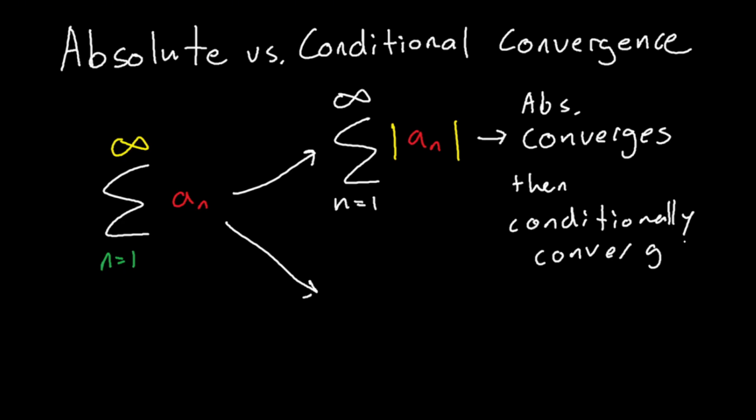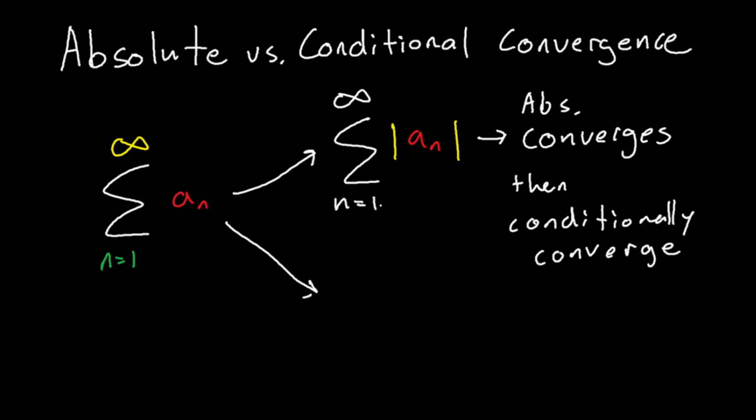Okay, so if you absolutely converge, then you must conditionally converge. But if you conditionally converge, then you don't necessarily absolutely converge. But if you conditionally converge, then that doesn't necessarily mean that you absolutely converge. All right.